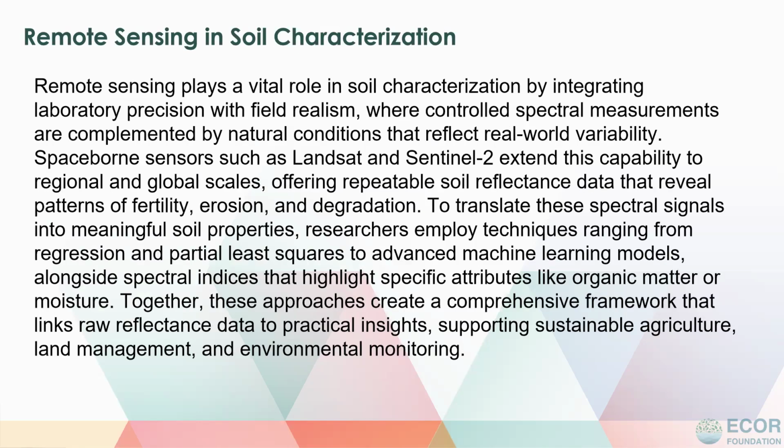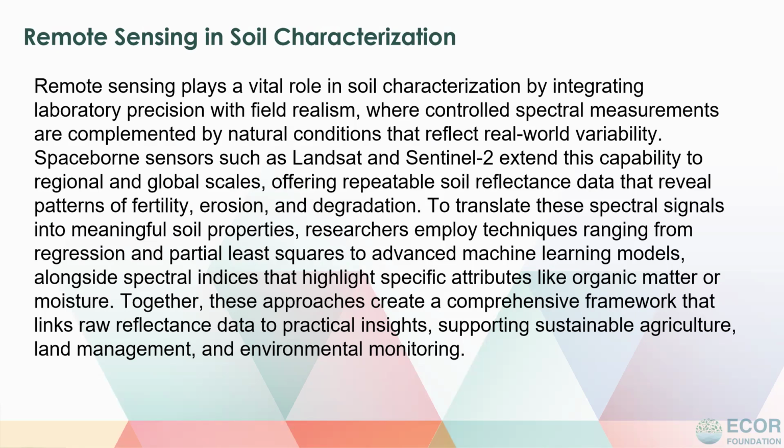Remote sensing in soil characteristics: remote sensing helps us to translate spectral signatures, or spectral information, into actual soil properties. Field samples, laboratory spectral measurements, and satellite observations work together.